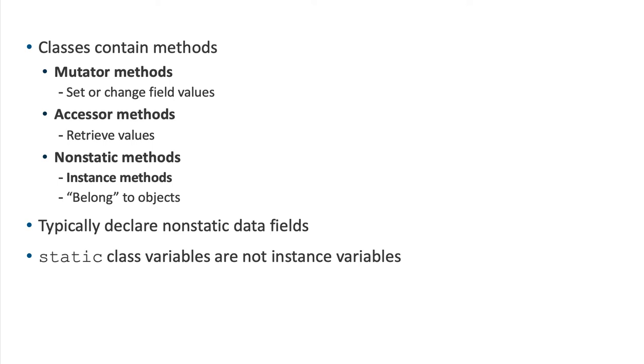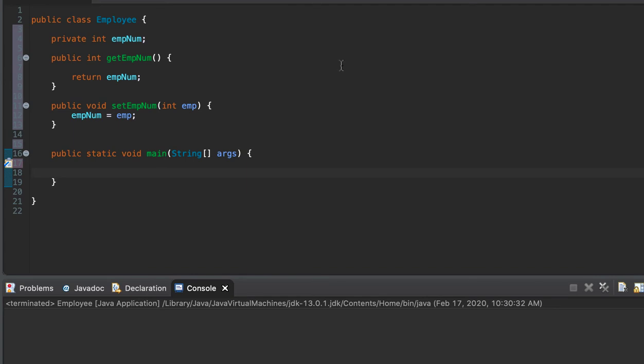Using these three-letter prefixes is not required, but it's conventional. As you noticed, we had a getter and a setter. Actually, let me go back to the code. So here you have your getter, or accessor, and here you have your mutator, or setter.